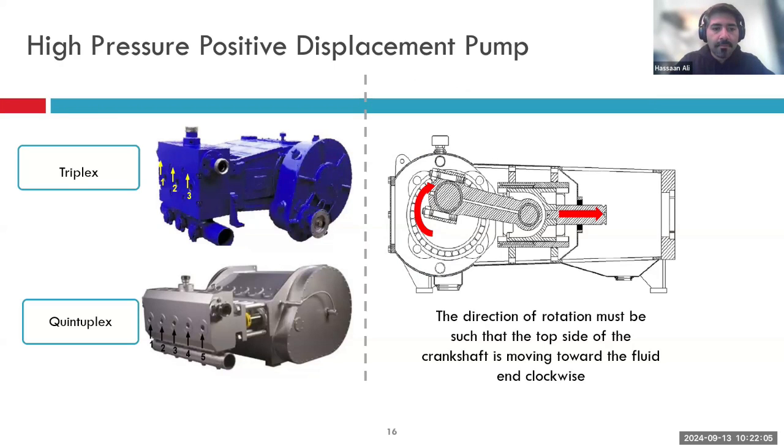Usually that depends upon your application, what is your discharge pressure, how much flow rate you require, and based on that, you will size up your pumping unit. These pumps can be mounted on an offshore skid to go on an offshore platform, or on a trailer that is connected to a semi or a truck, which can haul it to the site.